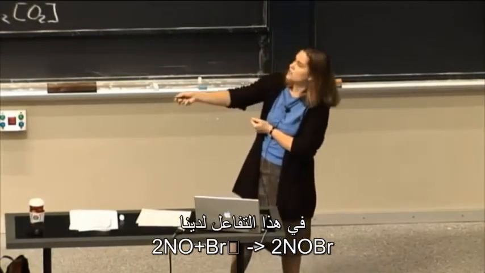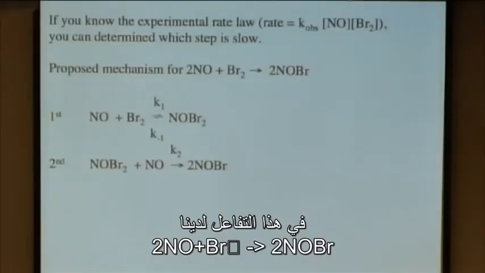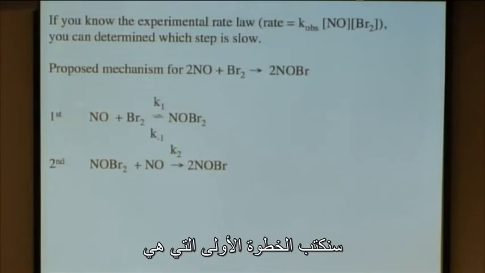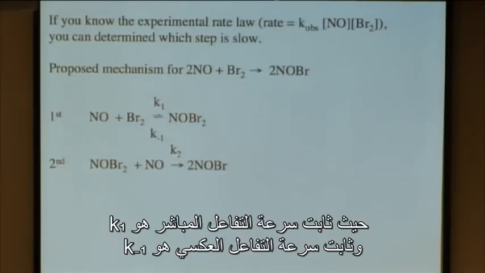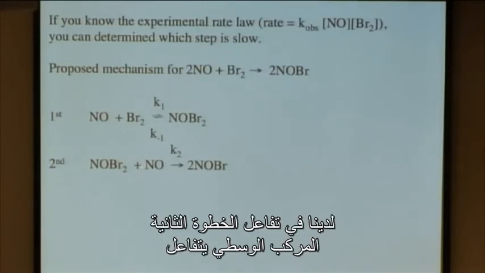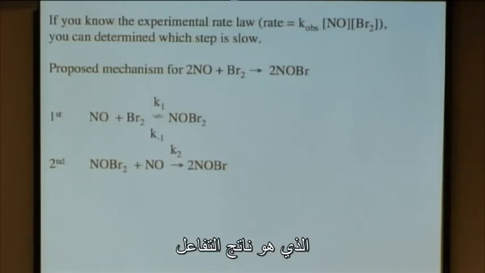So in this reaction, we have 2NO plus Br2 going to 2NOBr. If we write this in the first step, we have NO plus Br2 going to an intermediate NOBr2 with forward rate constant k1 and reverse rate constant k-1. And in the second step, we have the intermediate interacting with another molecule of NO, forming 2 molecules of NOBr, our product.